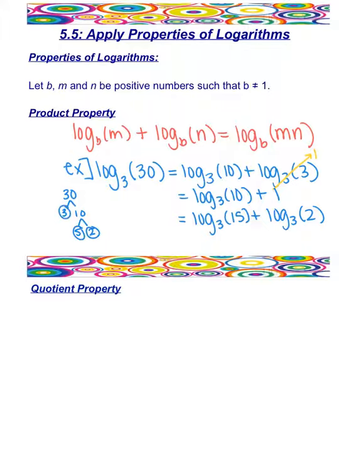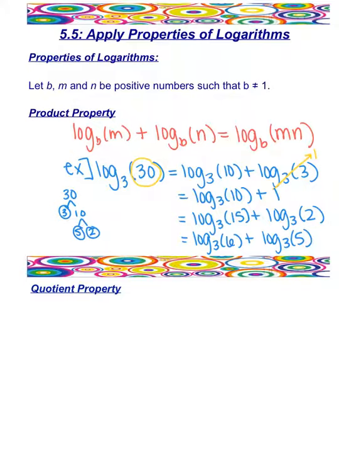So I could do 6 times 5, let's do that. I could do log base 3 of 6 plus log base 3 of 5. So you can notice that if I have this product property, I can split this number into all of its factors, and I can expand the logarithm.